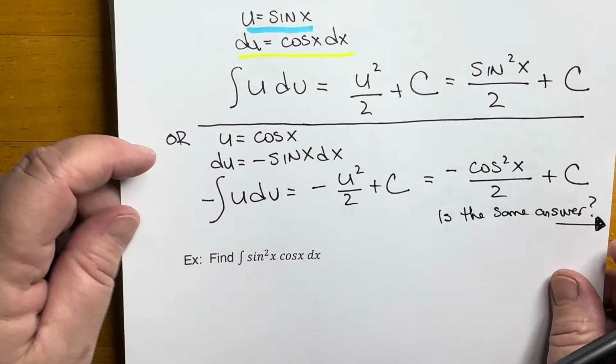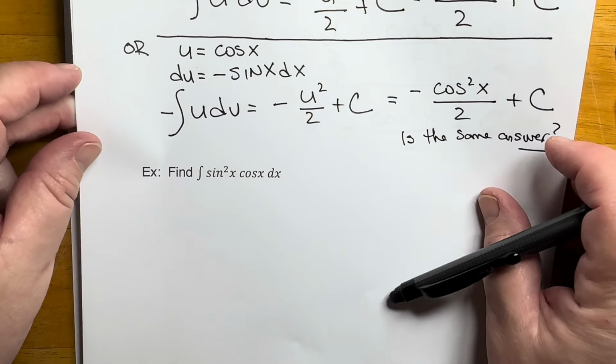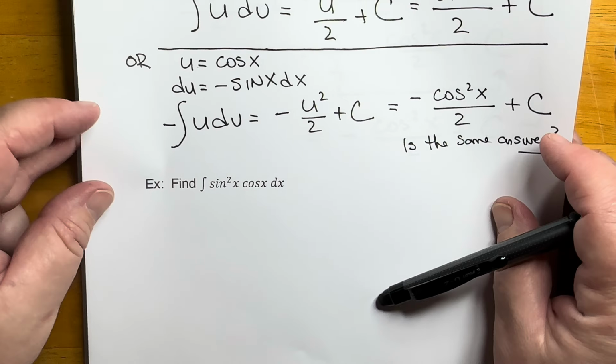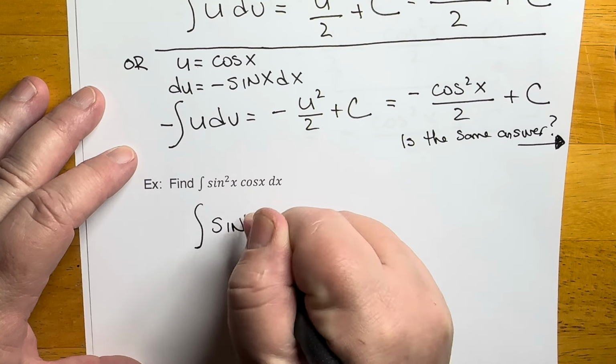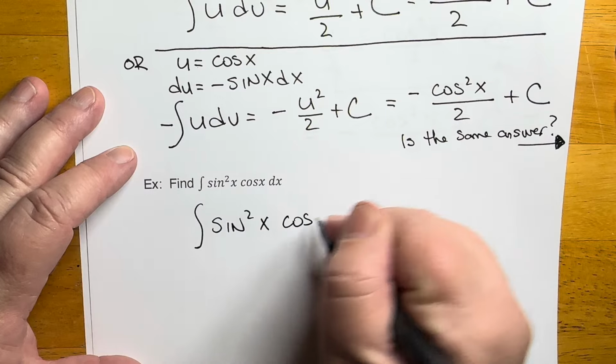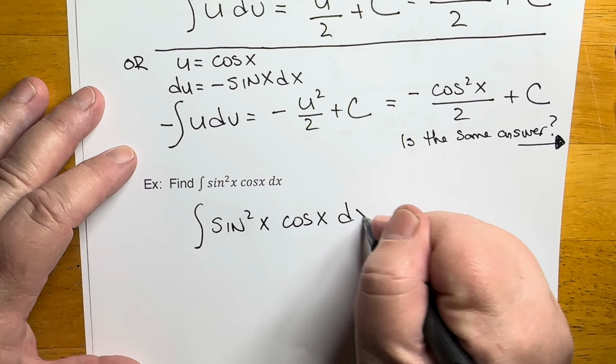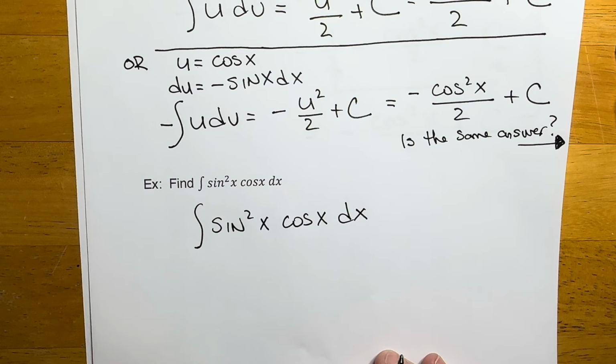Now, the second one. The second one, I think, is a little bit more obvious. In this case, I've got the integral of sine squared x cosine x dx. And this actually has a couple of different solutions.